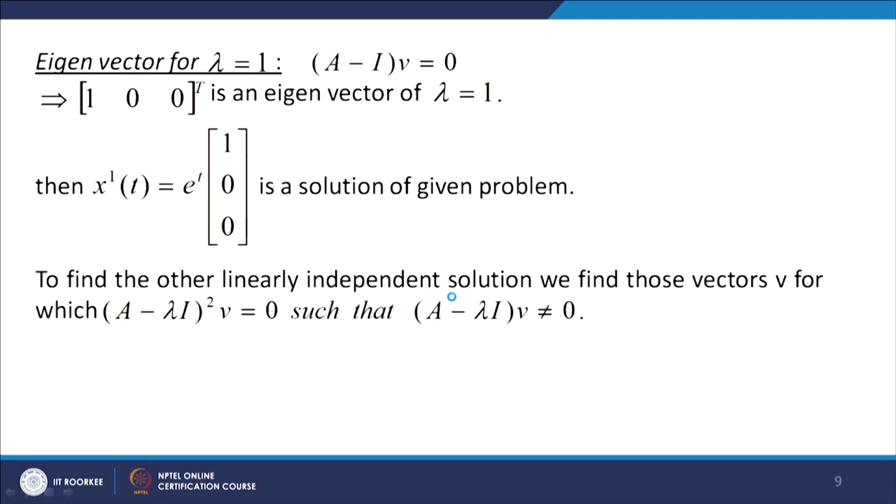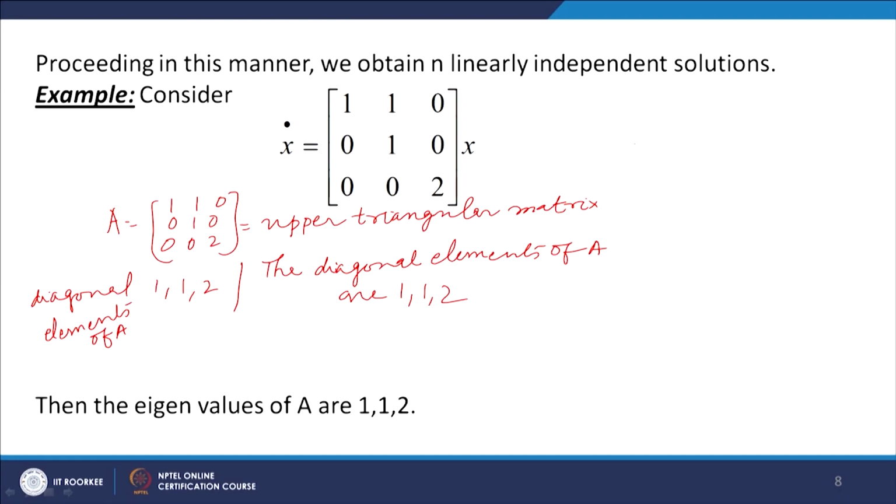Now, let us find the eigenvector for lambda equal to 1. So, we have to consider (A minus I) b equal to 0. We have this matrix 1 1 0. Let us find (A minus I) b equal to 0. So, what we will get? This will give you the matrix with rows 0 1 0, 0 0 0 and then 0 0 1.